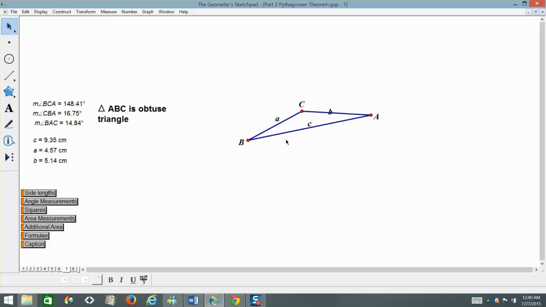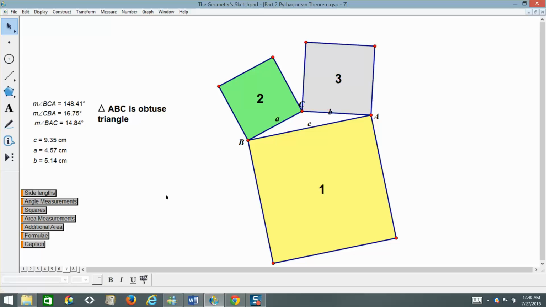Now I will do the same thing. Draw a square on each side of this triangle, like this. And also I want to measure the area of these squares. This is the result. So the area of square 1, the biggest square, is 87.34 square centimeters.